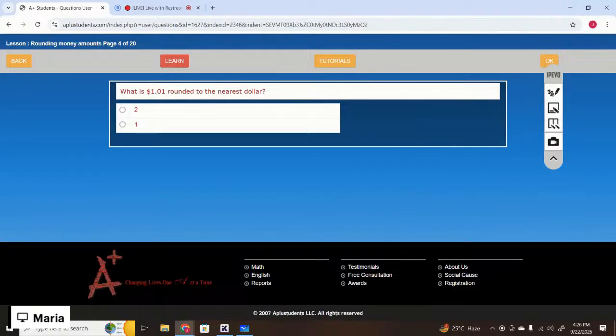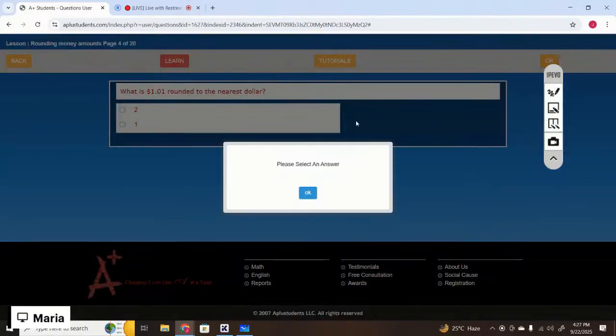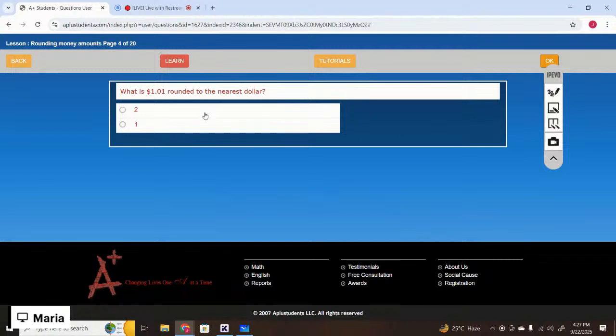What is 1.01 rounded to nearest dollar? Which is the correct option? It would be rounded to 1, option number 2 is the correct option.